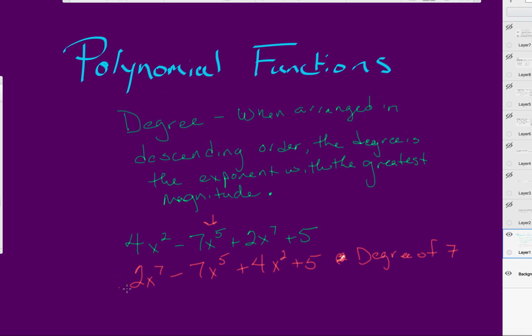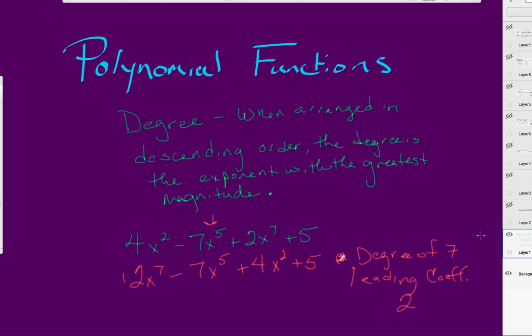And then we also want to look at what is the leading coefficient. The leading coefficient, the coefficient of the lead term, which is 2. So the leading coefficient is 2. All right, and so those are the things that we really need to know about these polynomial functions.